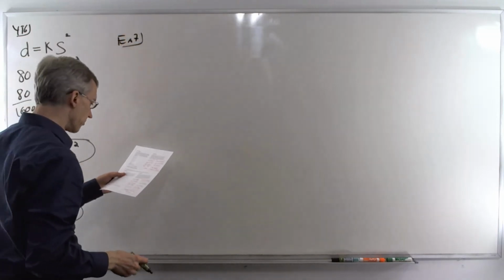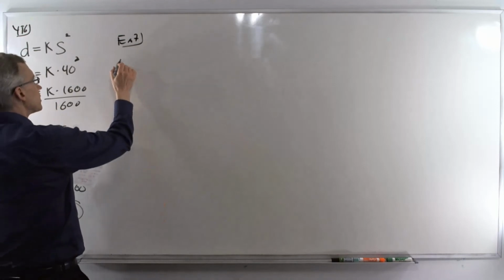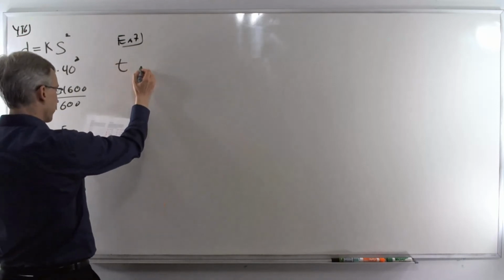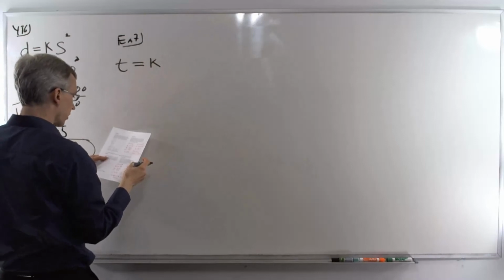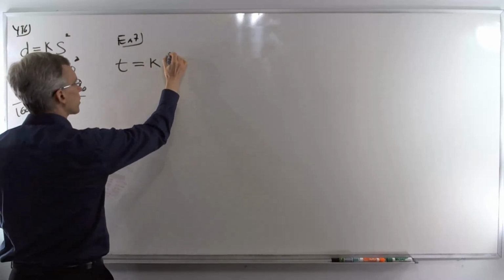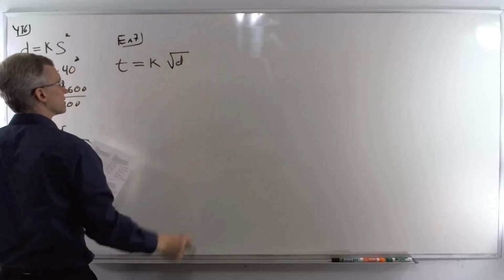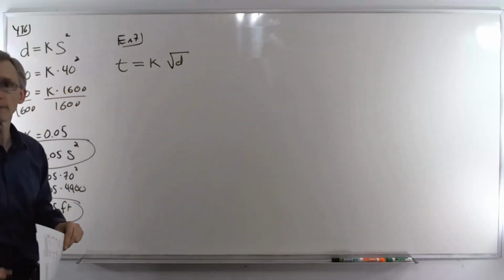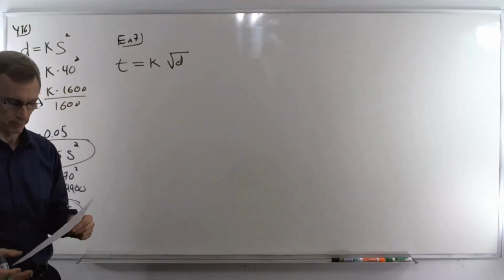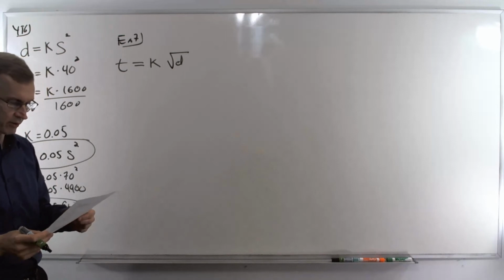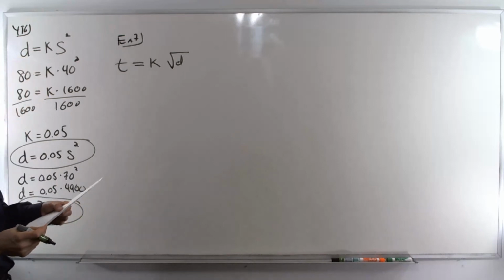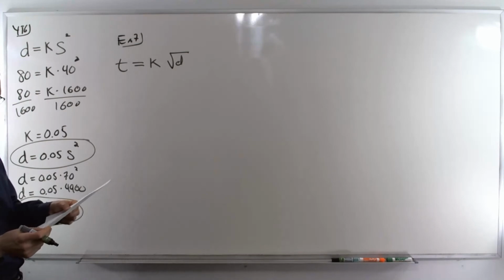The time t the ball falls, right? T varies directly, so varies directly with the square root of the distance. So now it's the square root of the distance. So make sure you can differentiate between square and square root. If a ball falls 144 feet in 3 seconds, find the equation.